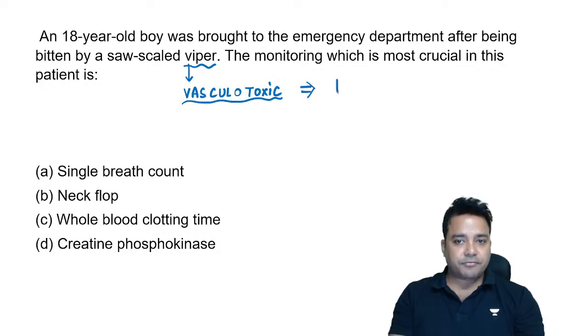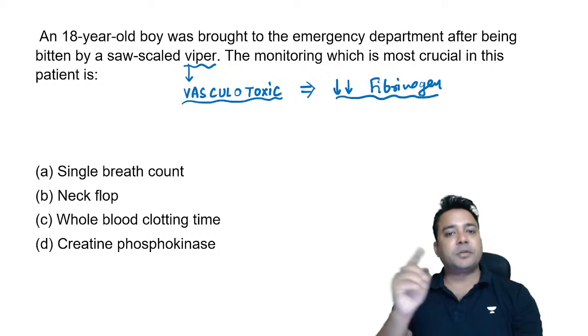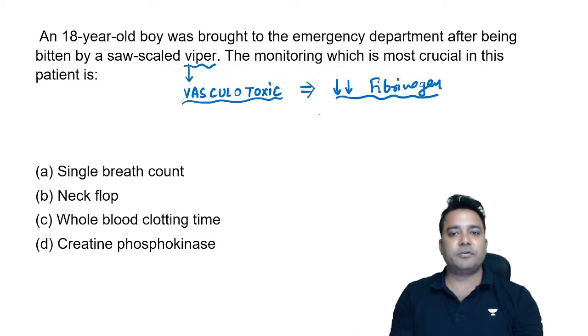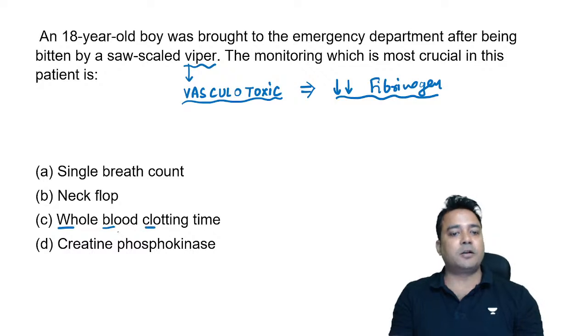The major effect is over fibrinogen level. So if fibrinogen levels are getting lesser, yes, fibrin clot formation will become defective, and this is detected with the help of 20-minute WBCT. WBCT stands for whole blood clotting, and this test is performed over a time duration of 20 minutes.